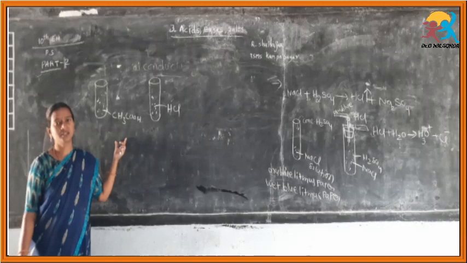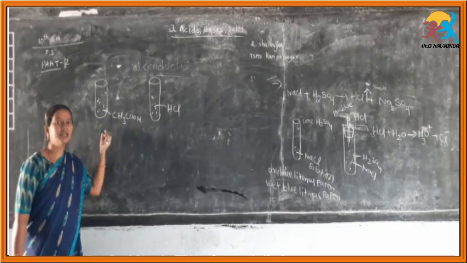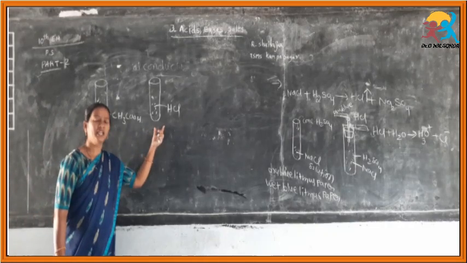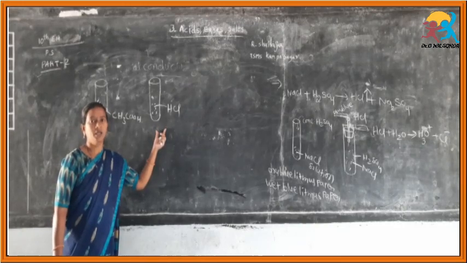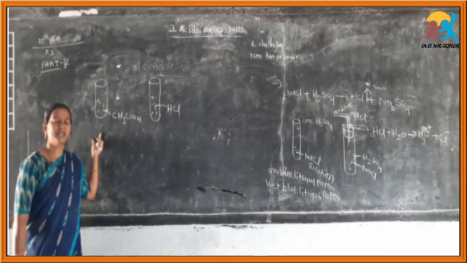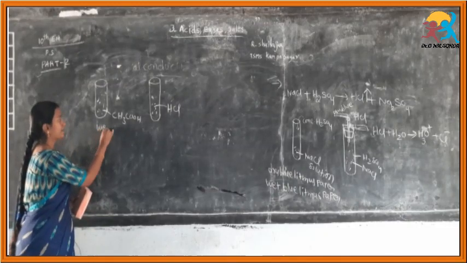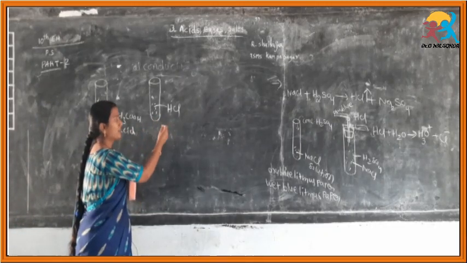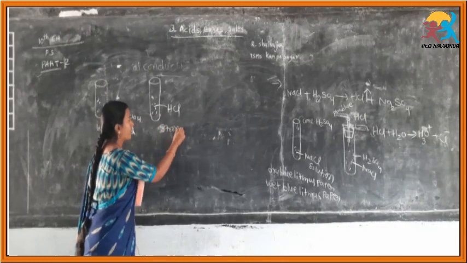So both are acid substances, but what is the difference? One slowly releases ions on dissolving in water, and the other quickly releases H+ ions on dissolving in water. The one that slowly releases H+ ions on dissolving in water is considered a weak acid, and the one that quickly releases H+ ions is the strong acid.